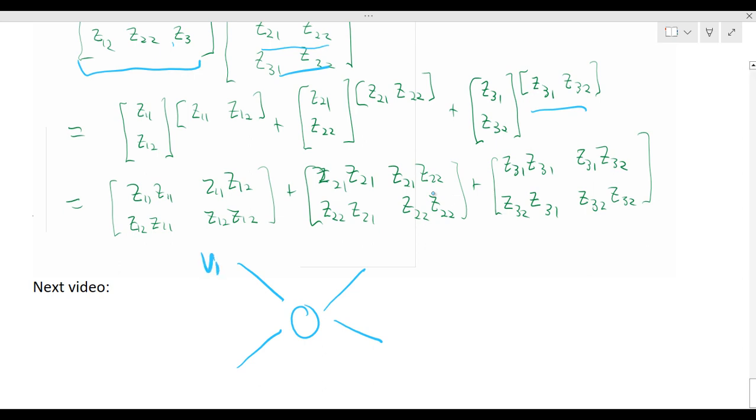This would be V1, V2. This, for instance, in the first outer product would be X1. I'd have V1, V2 here. Now this is from the first variable to the first row. So this is going to be Z11. This is from the second variable to the first row. So this is going to be Z12. And these are symmetric here. So this is also Z11, Z12.